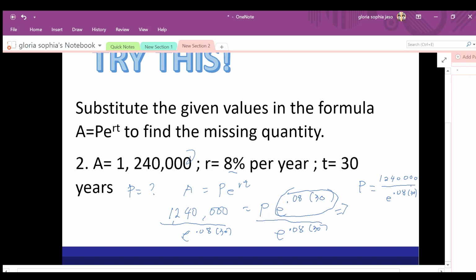Then calculate it in your calculator. Okay, the answer is $112,490,000. Okay, so this is the answer.